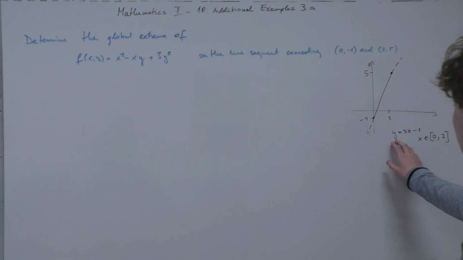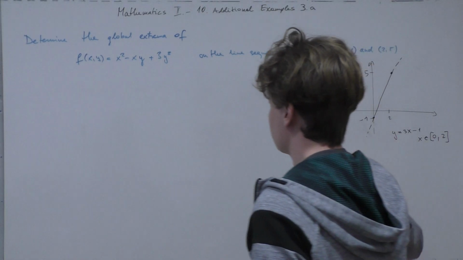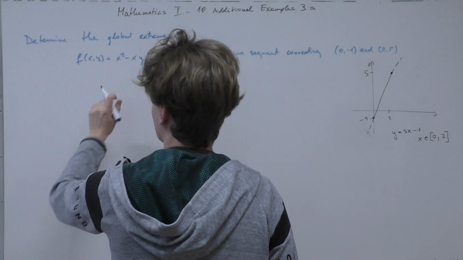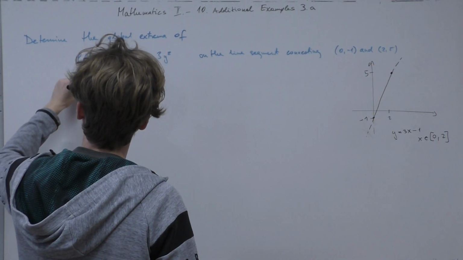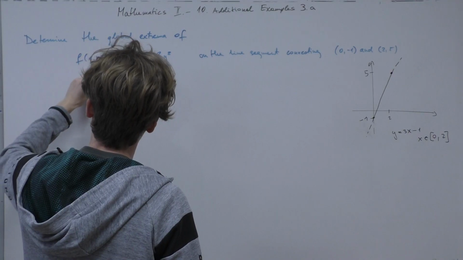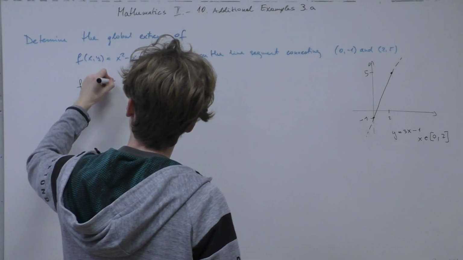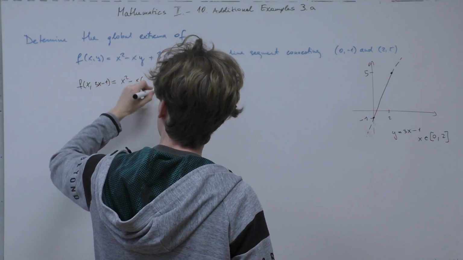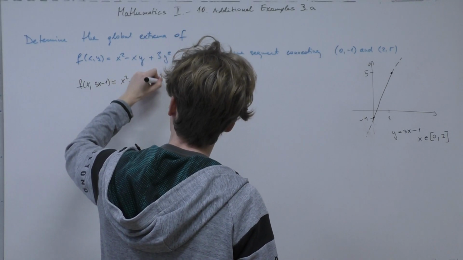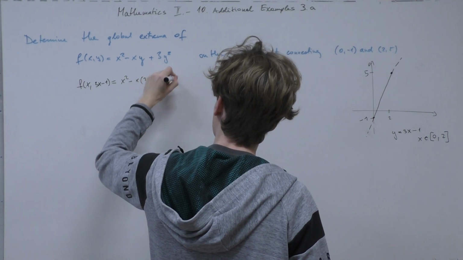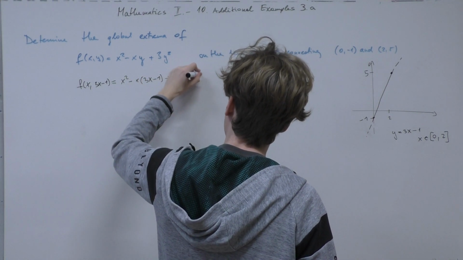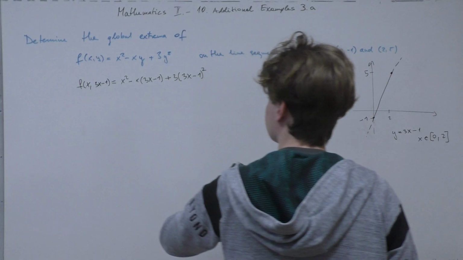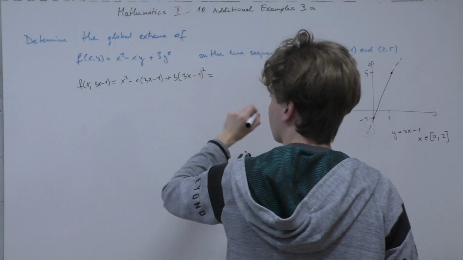So you have figured out a formula for y, and you can plug that back here. We have f(x, 3x - 1), and this is x squared minus x times (3x - 1) plus 3 times (3x - 1) squared. And you can calculate this.